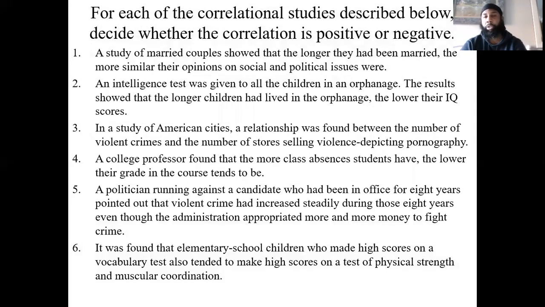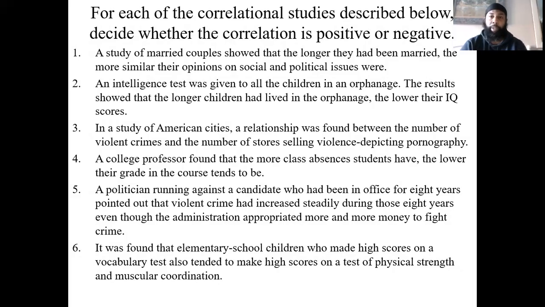The first one, let's do the first one together, right? A study of married couples showed that the longer they had been married, the more similar their opinions on social and political issues were. Is that a positive correlation, a negative correlation, or no correlation? Well, let's see. The longer they had been together, married, the more similar they became.